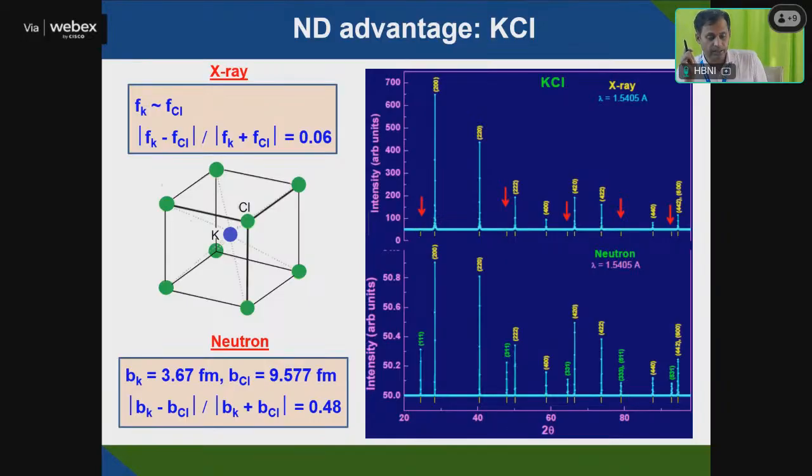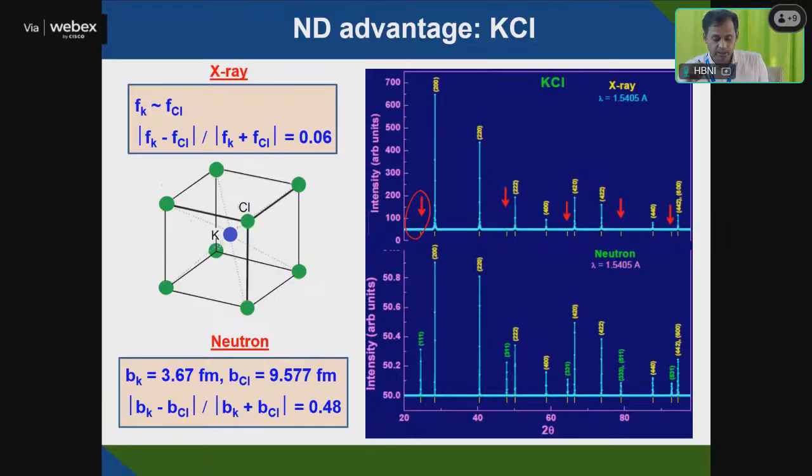Scattering factor: as I told initially, if you take KCl and NaCl, KCl has an isoelectronic structure, so this 1-1-1 peak is absent in X-ray, because K and Cl are isoelectronic, so they are arranged in such a way that they create destructive interference. Because of that, you cannot see the 111 plane in X-ray.